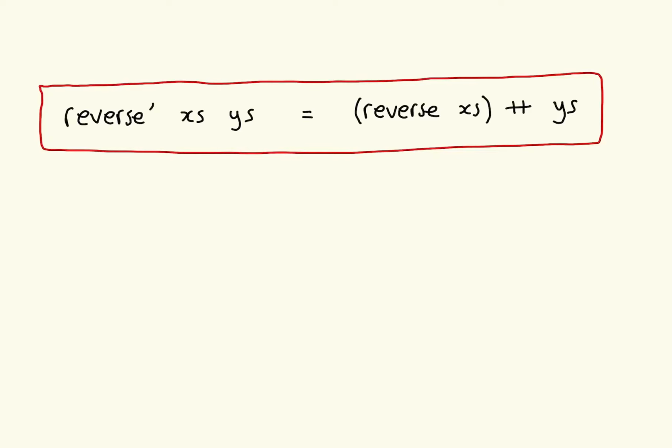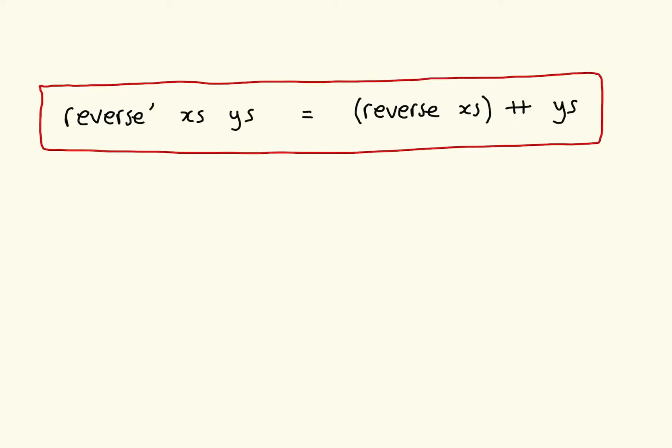So I'm going to regard this equation as something that we want to solve. It's got an unknown. We don't know what the definition of reverse prime is, but we would like it to have the same effect as reversing its first parameter and then appending the second parameter on the end. So again, I'm not regarding this as a definition for the reverse prime function.